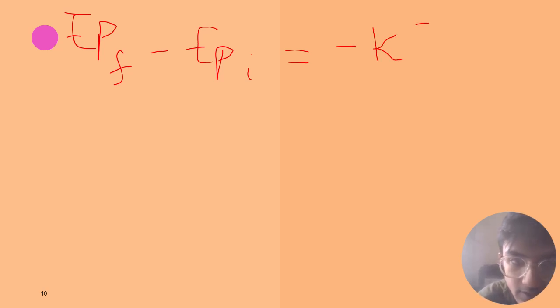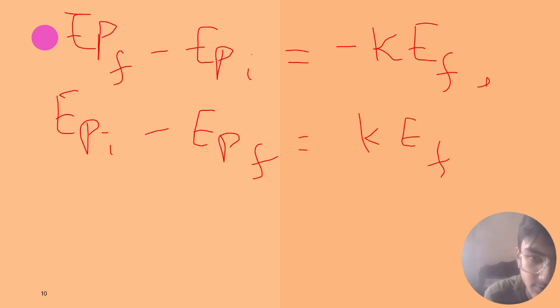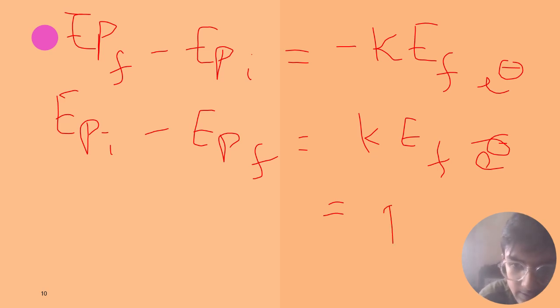So E_P final minus E_P initial is equal to minus K final, I think. You can write it in this way also: E_P initial minus E_P final is equal to the kinetic energy final of the electron. Now just write the photon's energy in terms of the reduced Planck constant, and here you will use the relation between momentum and kinetic energy, that is p equals root under 2m times kinetic energy, so that will be p squared by 2m.